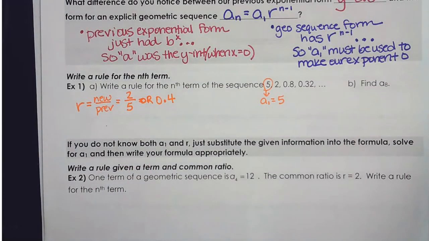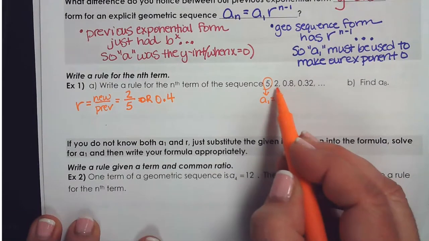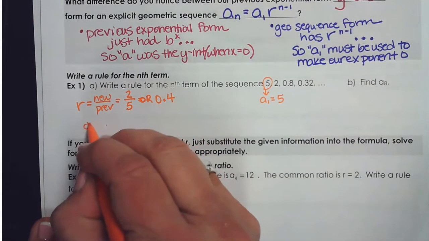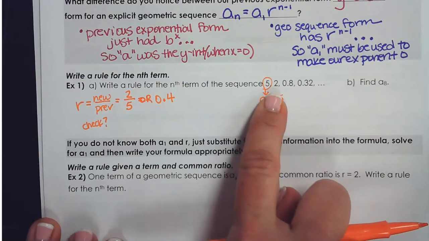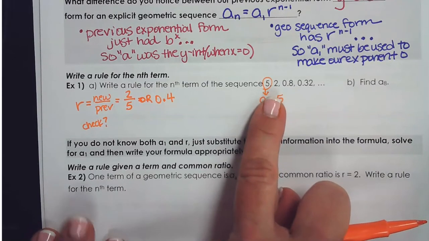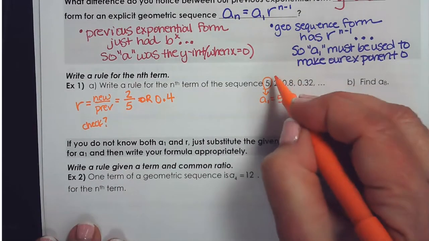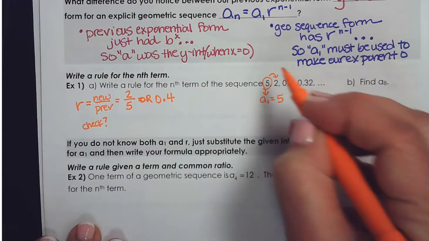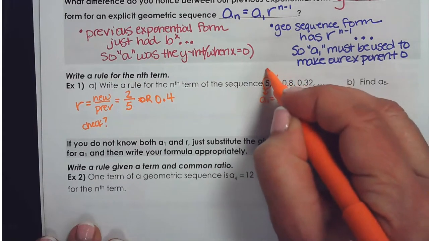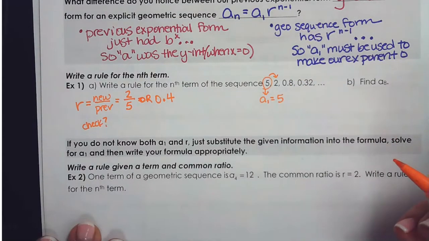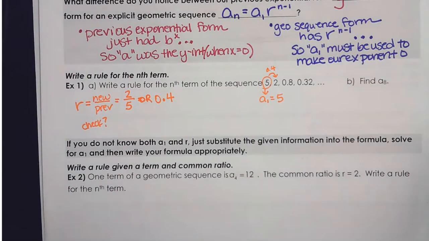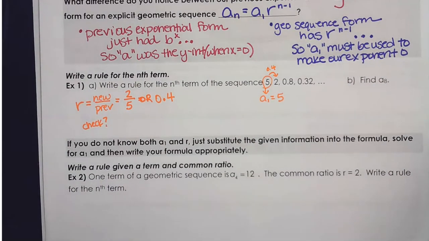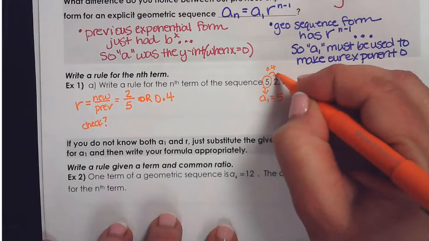Okay. And then if you wanted to double check, if you weren't sure, you can just see if that works for the other ones. So if I multiply this by, do you want to use 0.4 instead of 2/5? Okay. If you multiply this by 0.4, that's going to be 2. Well, we don't even really need to do much.